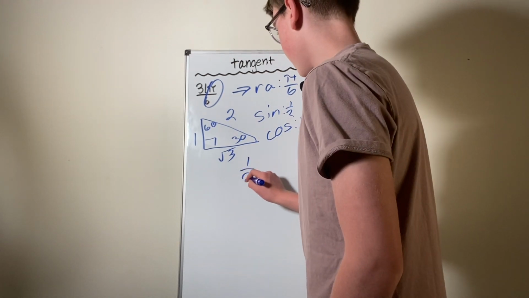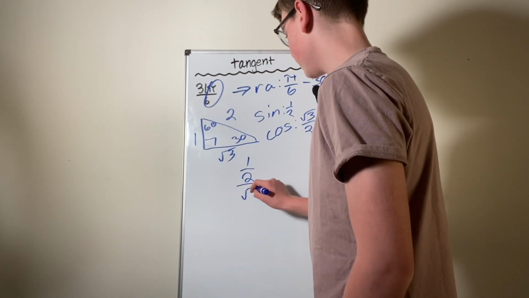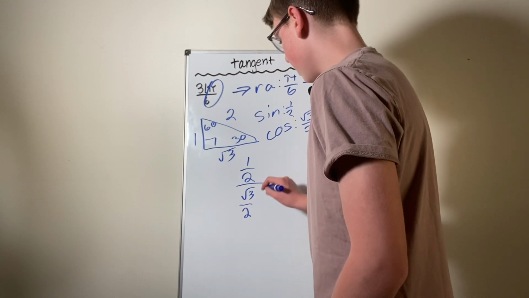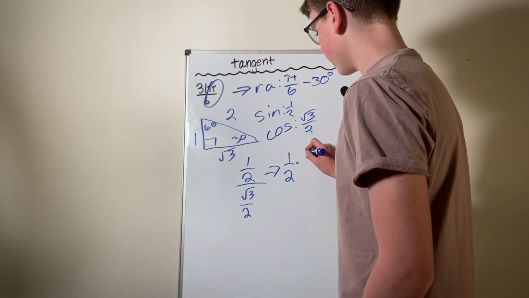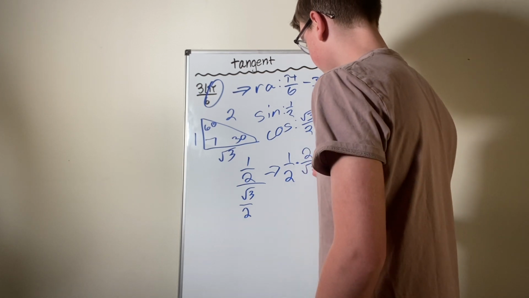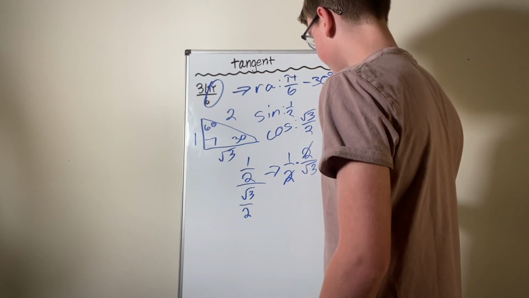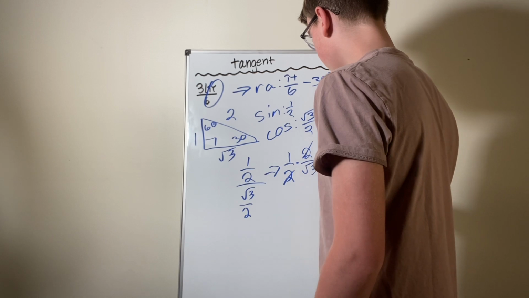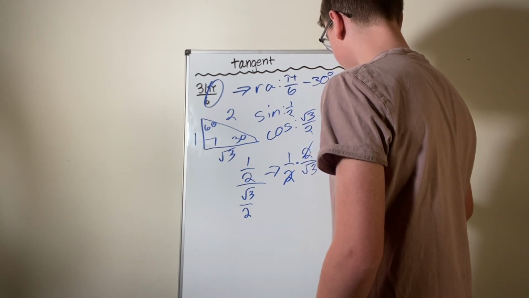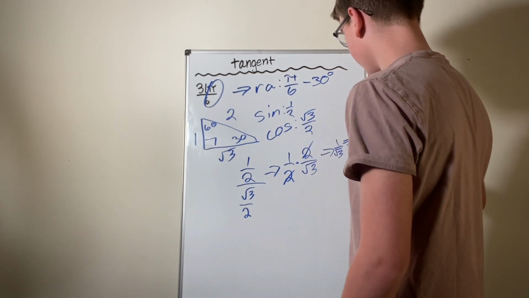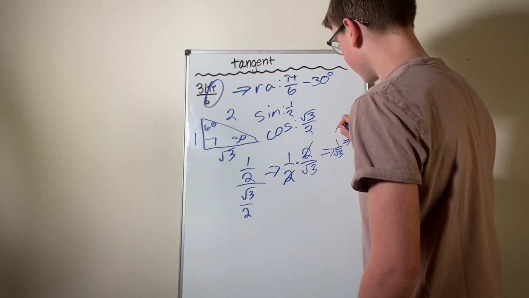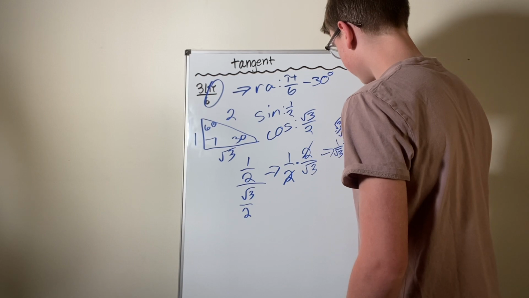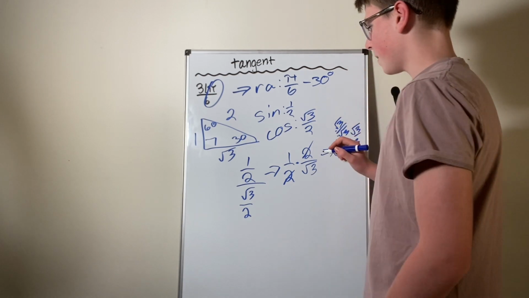So 1/2 divided by root 3 over 2 is the same thing as 1/2 times the reciprocal of root 3 over 2, which is 2 over root 3. Cancel the 2's. And then you'll have 1 over root 3, which is the same thing as root 3 over 3 once you rationalize by root 3 over root 3.